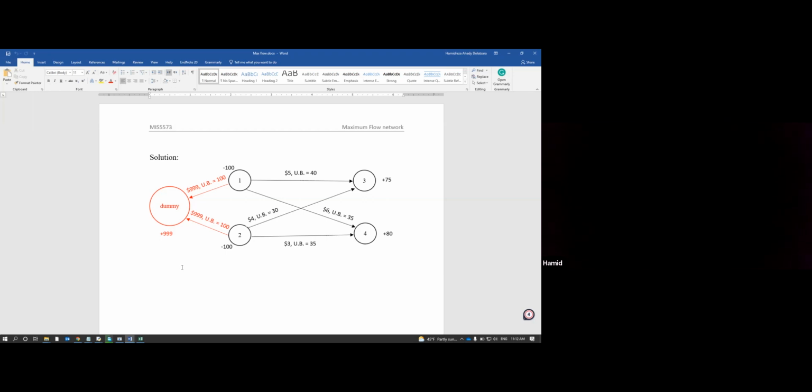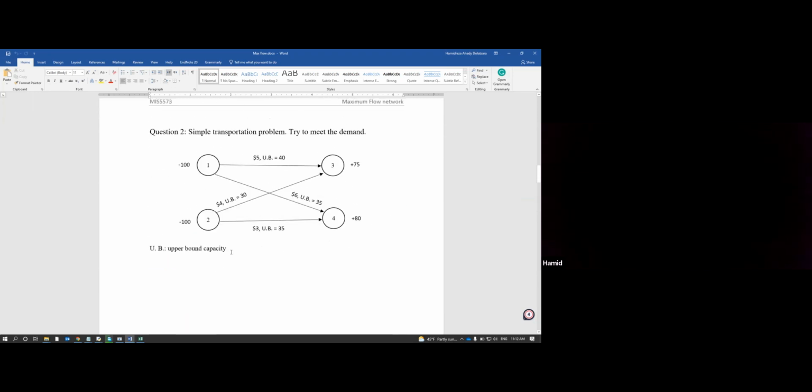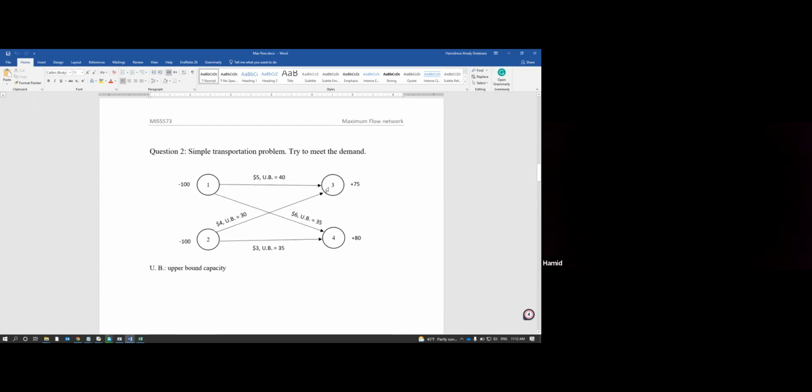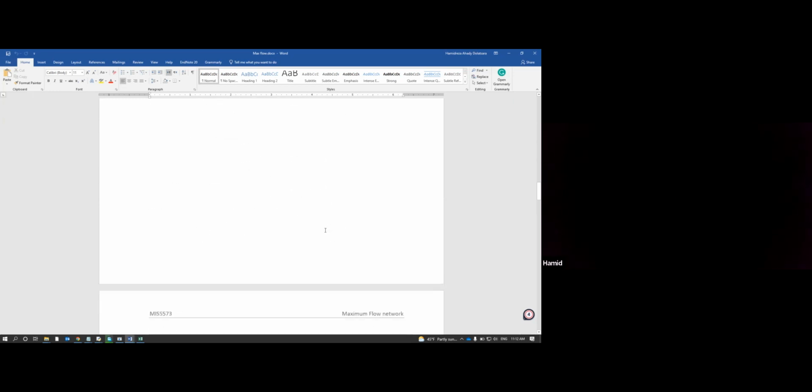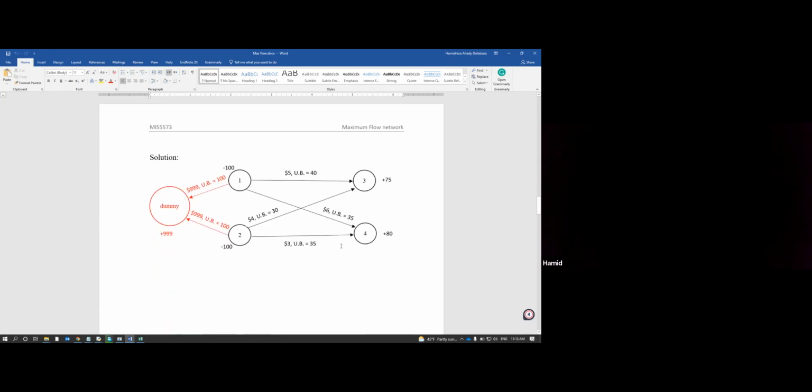When you want to minimize your cost, it delivers as much as it can to numbers 3 and 4, because it wants to avoid the huge cost of delivering to the dummy points. The problem here is not to fulfill the demand, just to try to meet it. So with these dummy points, we basically fulfill the demand by maximizing whatever we can deliver to demand points 3 and 4.